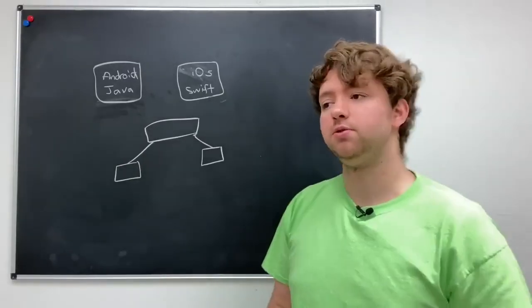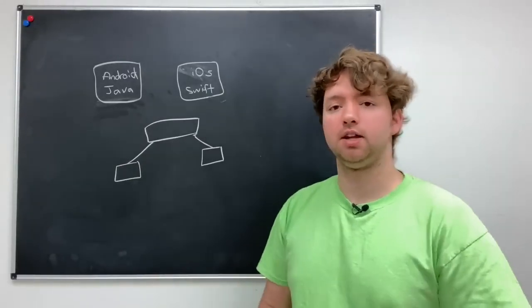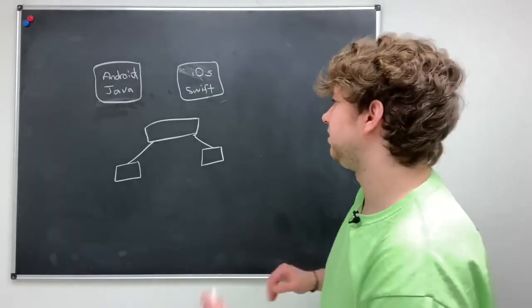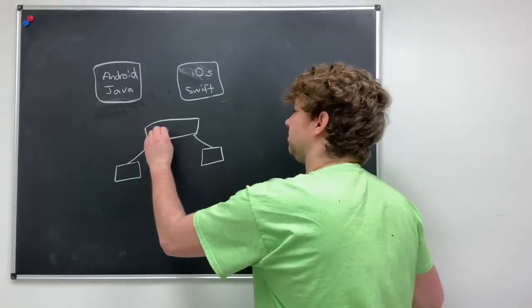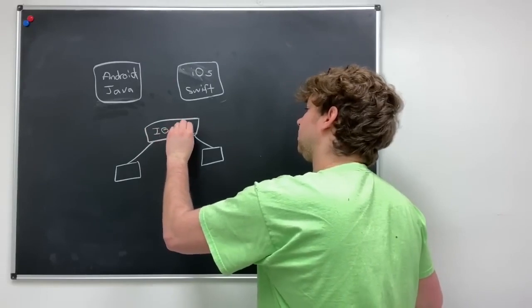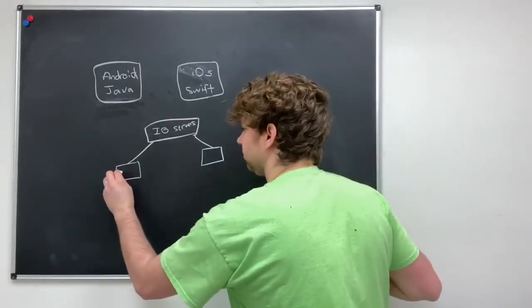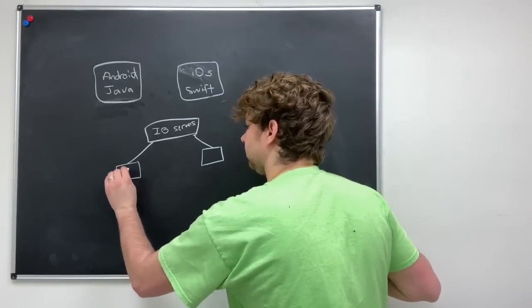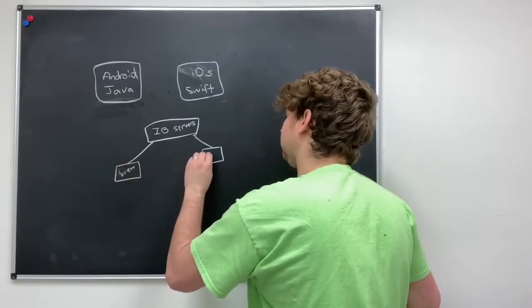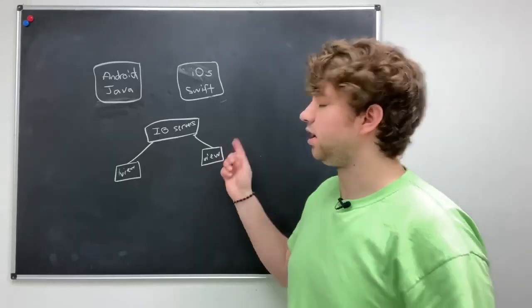So for example, if you're using an application, let's say you go on Instagram, this might be Instagram's servers. And then you just have a viewer on Android and a viewer on iOS.